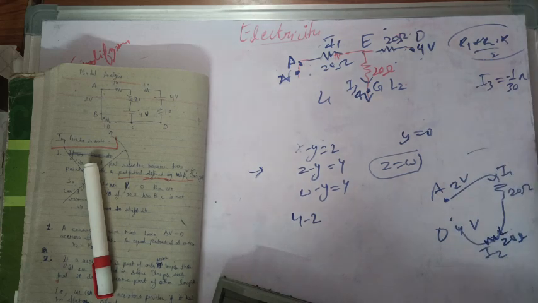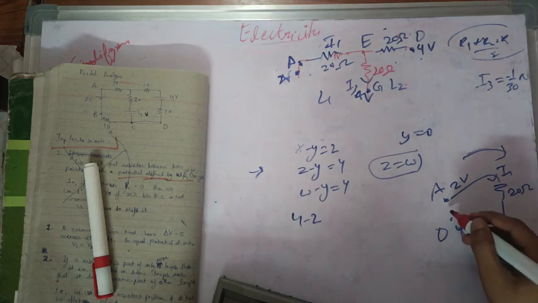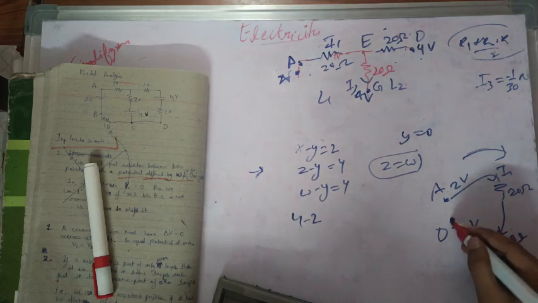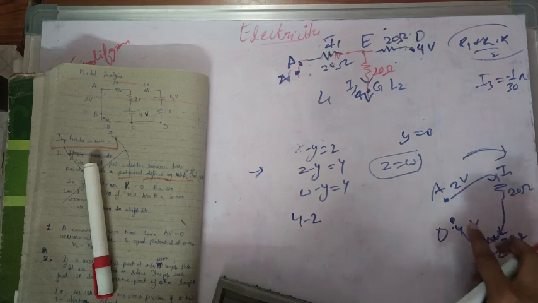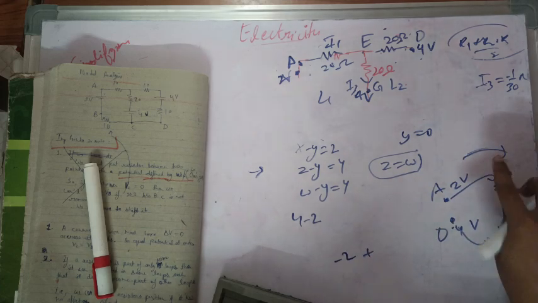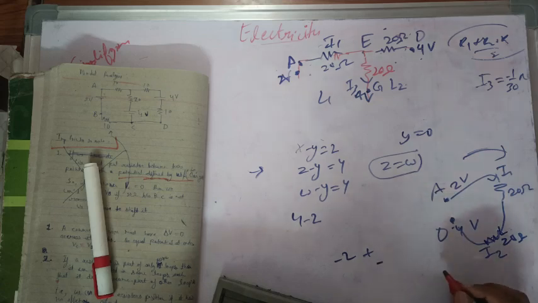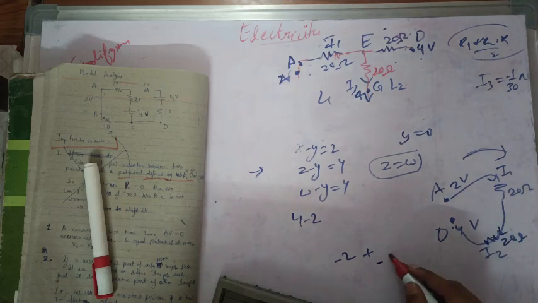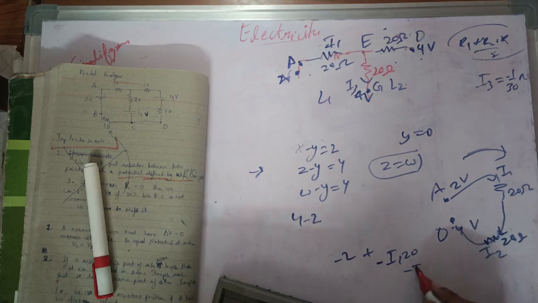Now if I take a loop here, in this manner, then starting from this point, 2 minus 4, which is minus 2 volt, plus this current is flowing in this direction, so I will take a negative I1 into 20, negative of I2 into 20, that is equal to 0.